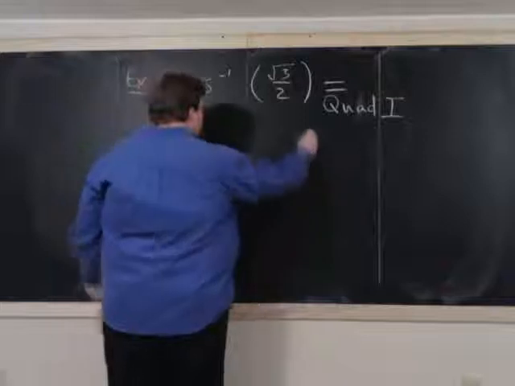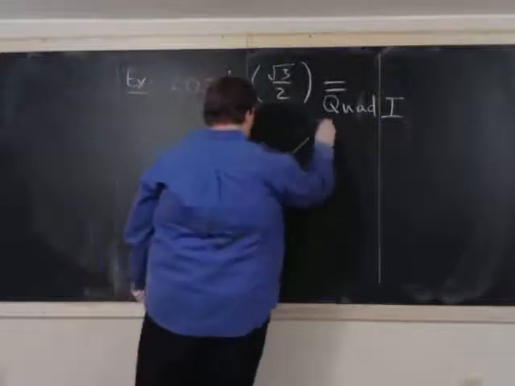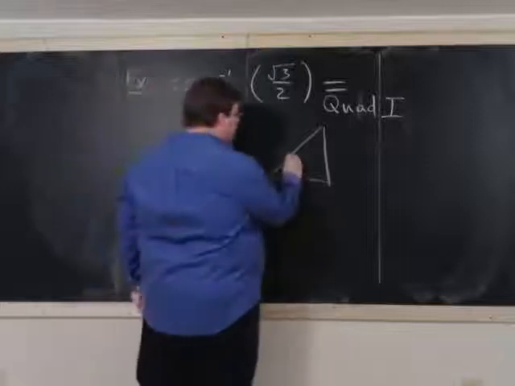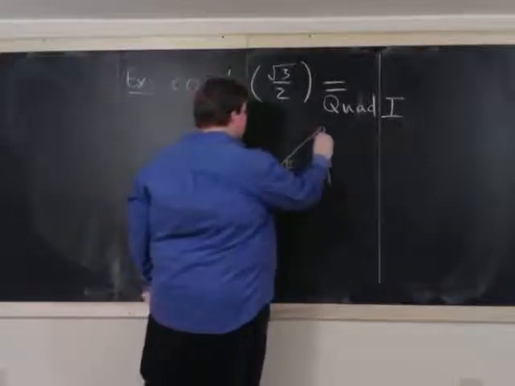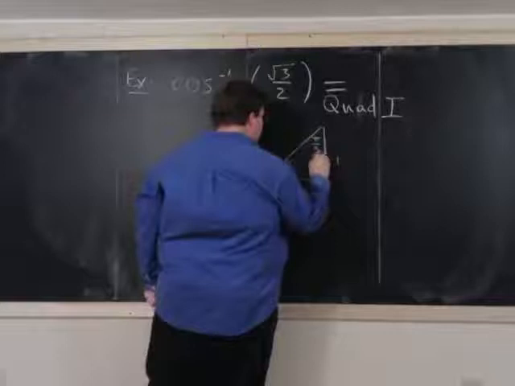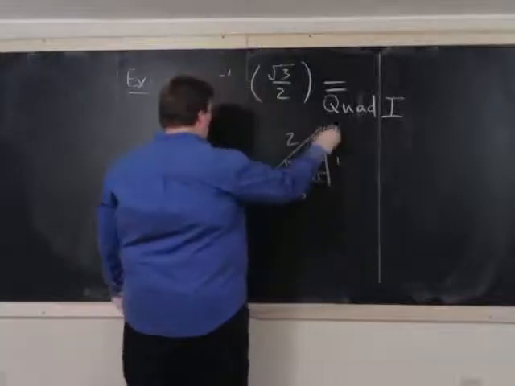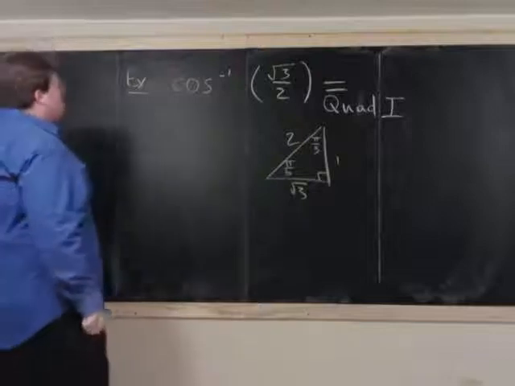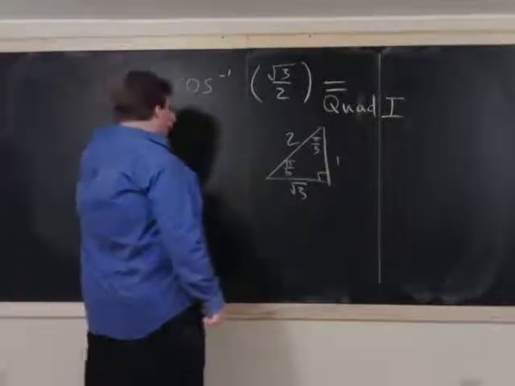And now we need a triangle. We have a root 3, so we'll use the triangle that has a root 3. Pi over 6, pi over 3, pi over 2 has sides in those ratios. And we want cosine to be root 3 over 2.